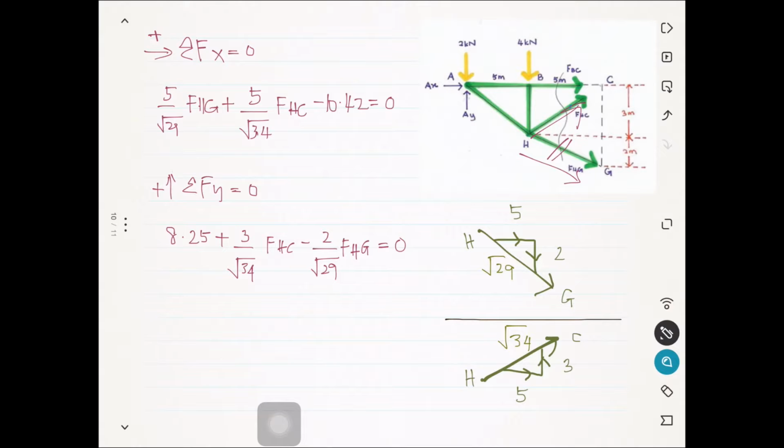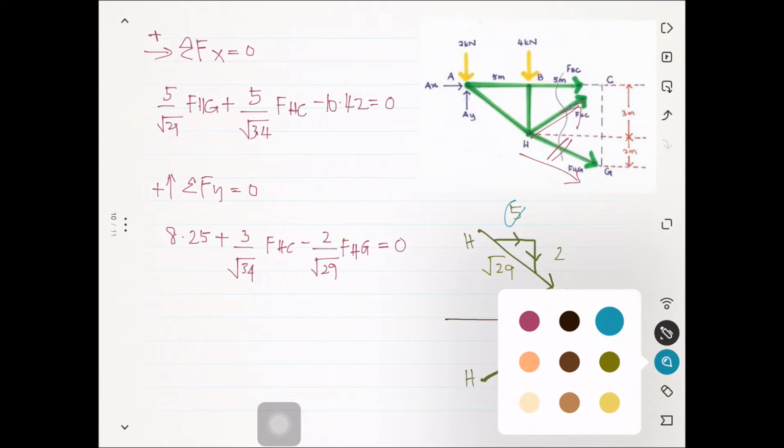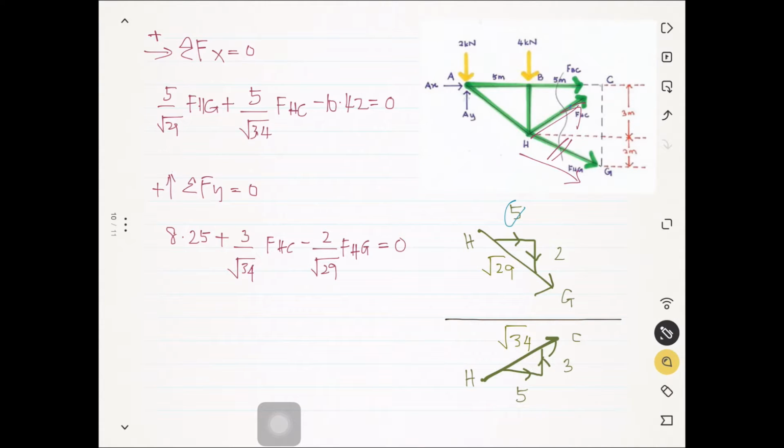On the x-axis, we have 5 over square root of 29 FHG plus 5 over square root of 34 FHC minus 10.42 equal to 0, and summation of Fy. Then we cannot solve this equation because we have two unknowns here, and also for summation of Fy we have two unknowns.